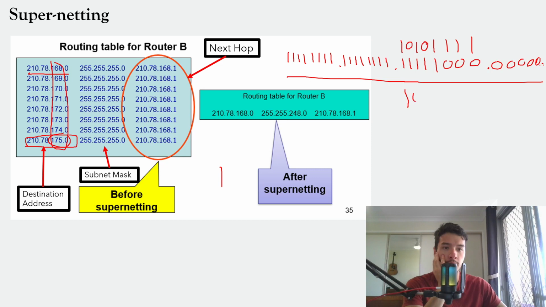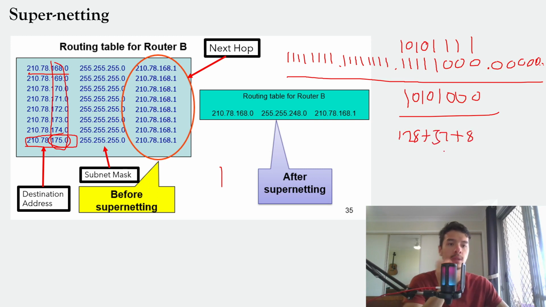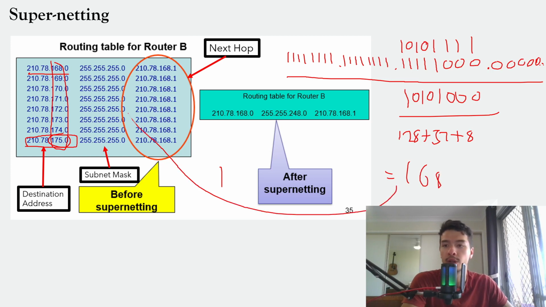If it's 0, 1, it equals 0. 1, 1 equals 1. 0, 0, 1, 0, 0, 0. And that is going to equal 128 plus 32 plus 8. If you do the maths there real quick, 128 plus 32 plus 8 is 168, which is the value of that network up there.